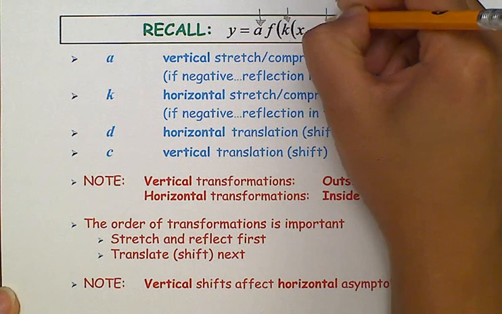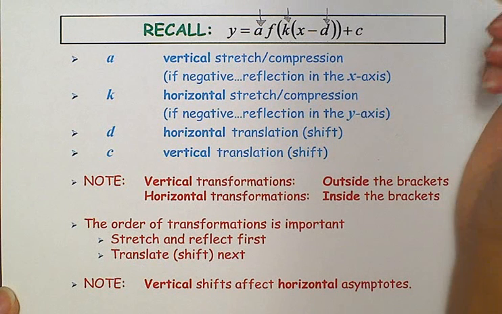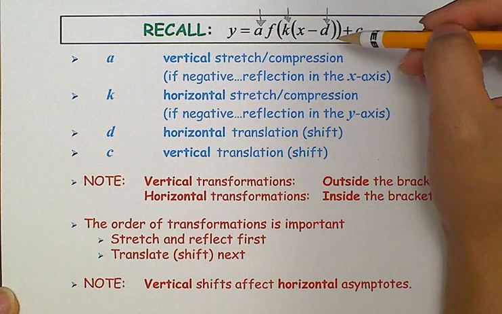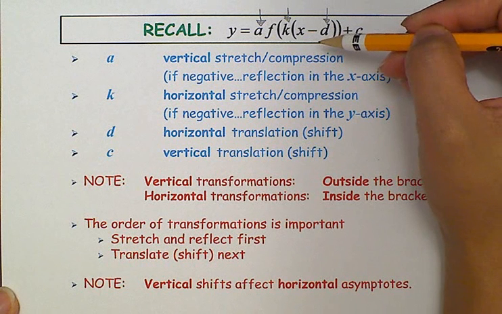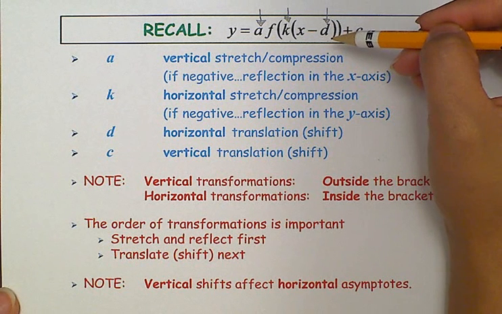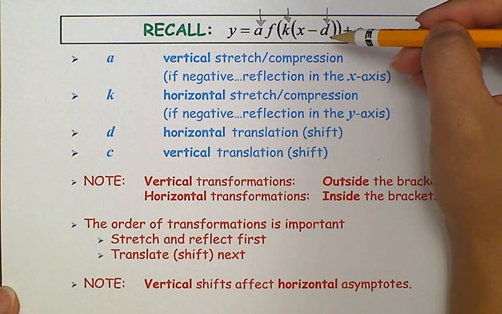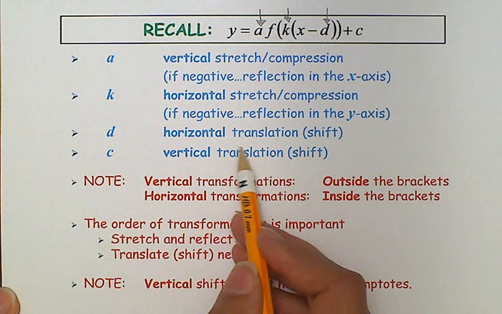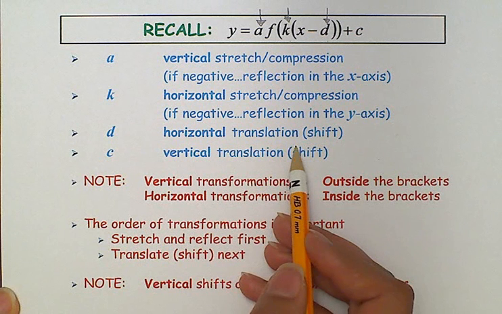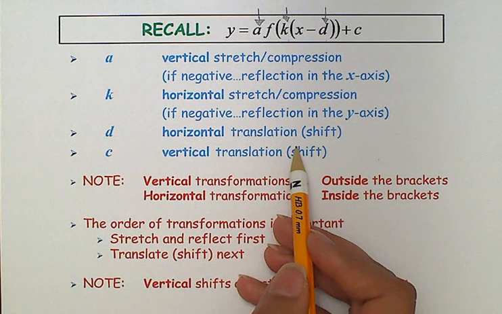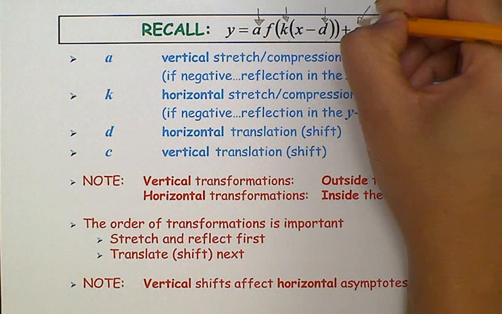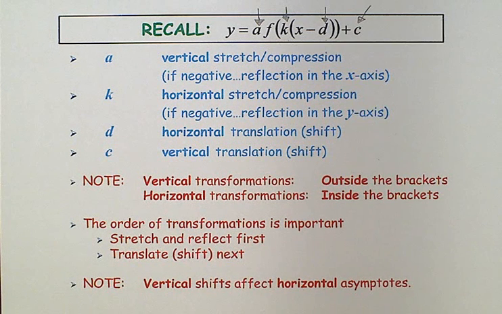And again, doesn't matter what variable we use, it's where it's located that's important. And you'll notice that d is inside the brackets where the x is. Okay? And so this value here is being either added or subtracted to the value of x. And you'll notice that d still represents your horizontal translation or a shift, so a shift to the left or to the right. And finally, the number that's usually hanging out on the side is the value of c, and that represents your vertical translation or shift up and down.